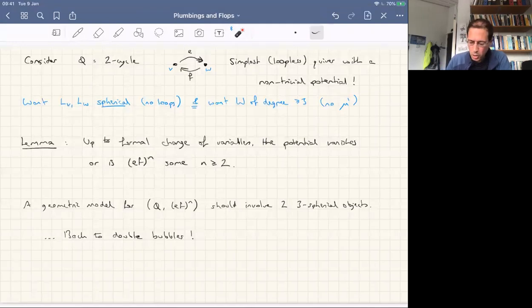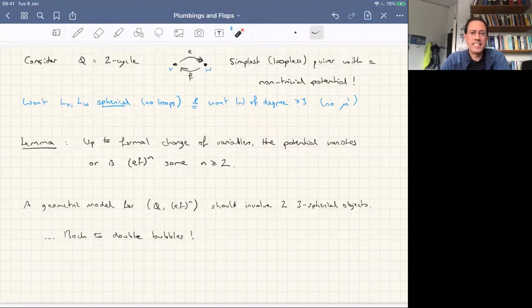And just to comment, I said that the algebra structure is determined by the cubic terms in the potential, and the higher terms record higher A infinity products. So it's a standard fact that you don't really want quadratic terms in your potential. So we're really interested in potentials that are only cubic or higher.